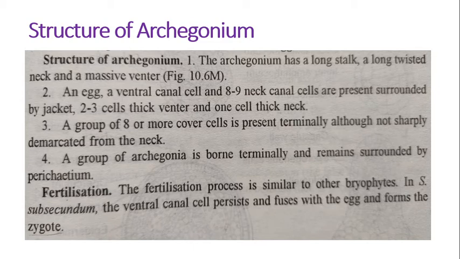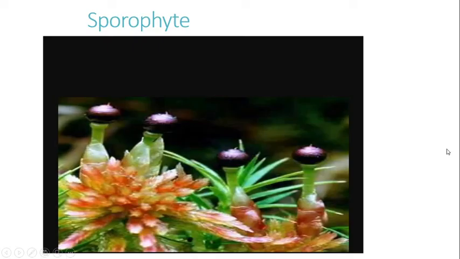Now, fertilization will take place in the same manner as in other bryophytes, and water is essential for the process of fertilization. During fertilization, the antherozoid fuses with the egg and forms a zygote, which is a diploid structure. Now, you can see in this diagram the sporophyte and the leaves.